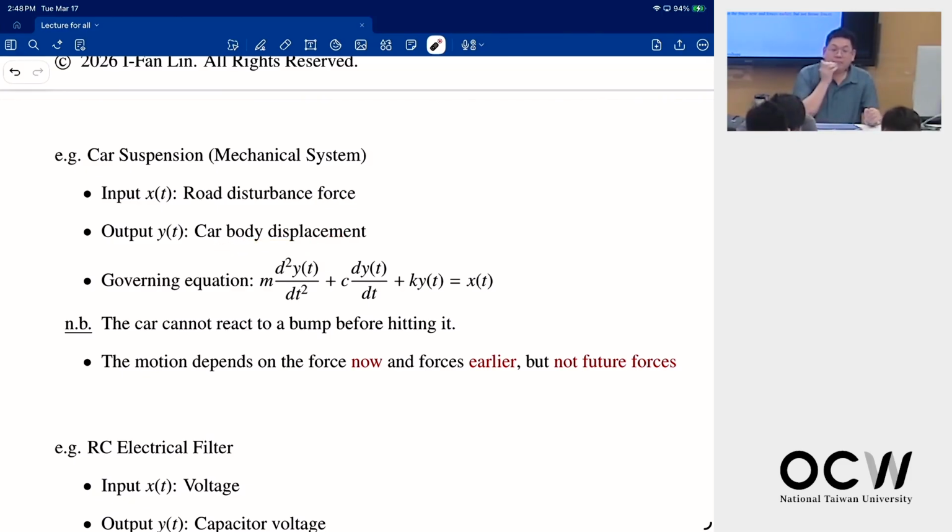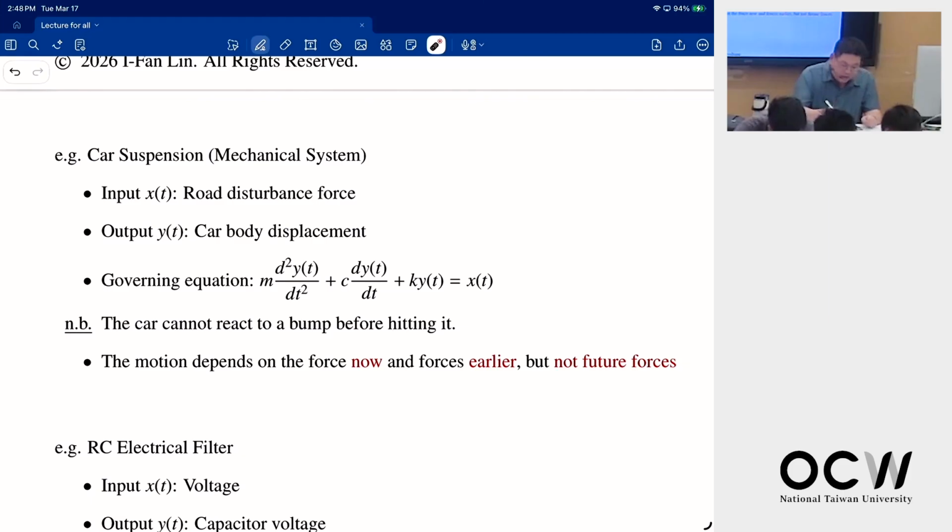So here is a governing equation. The note is that the car cannot react to the bump before hitting it. The motion only depends on the force right now or the force earlier, no future force. So it is a causal system.